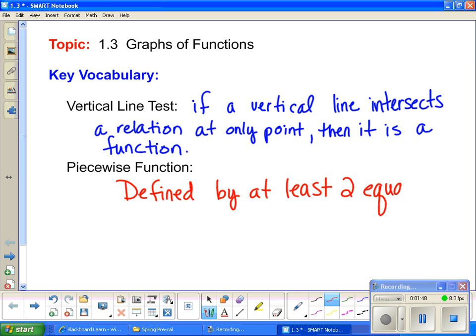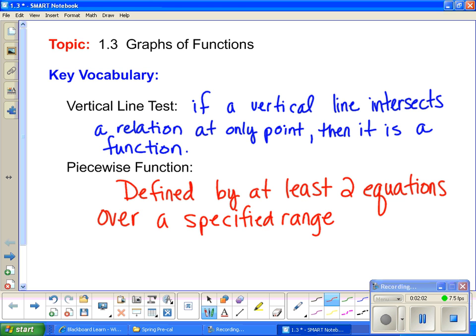Now there could be more, but it has to be at least two equations over a specified range, which means there's boundaries on each equation. We'll look at piecewise functions a little bit more in a few minutes.